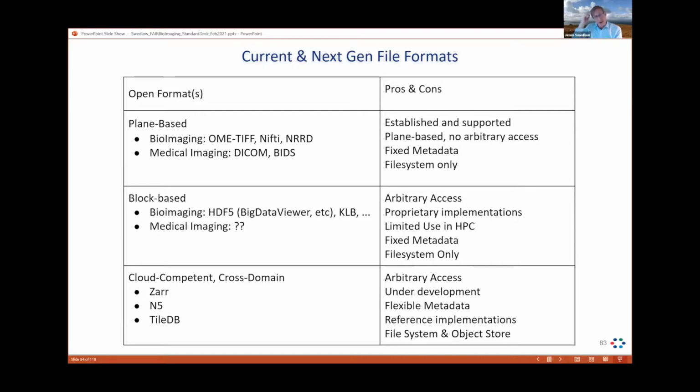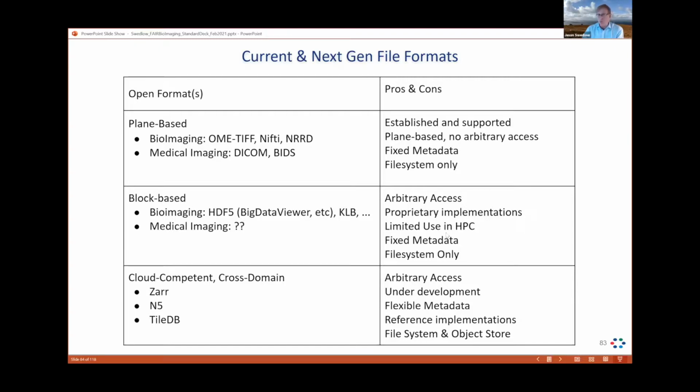Now, many of you may have heard of a structure called HDF5. So BigDataViewer includes HDF5. There are other implementations of these so-called block-based access approaches, which allow you to come in from different directions, for example, to have orthogonal views. And these are actually fairly well used.